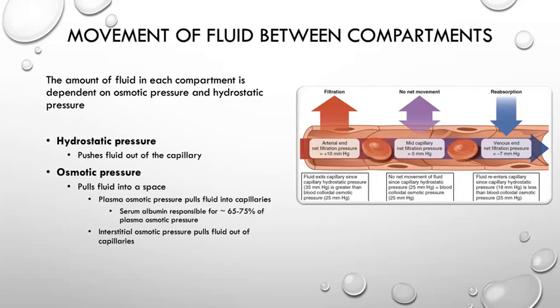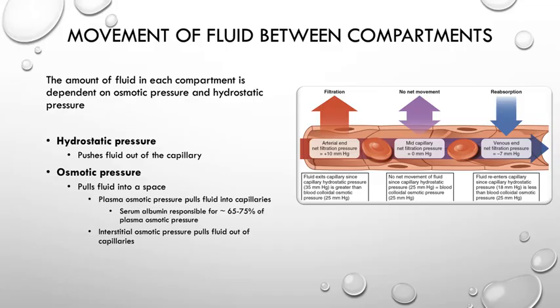The amount of fluid in each compartment is dependent on osmotic pressure and hydrostatic pressure, as mentioned before. The distribution of water among the three body water compartments, intracellular, intravascular, and interstitial, is dependent on these pressures. Hydrostatic pressure is a pressure exerted by water.